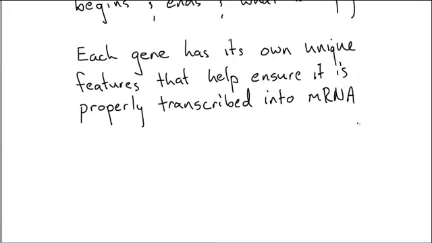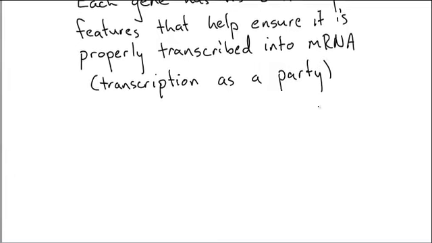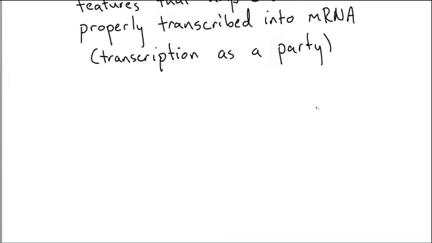Now you kind of have to think about transcription as a party. And for transcription to occur, you have to get people to come to your party, and there's particular people who need to attend if you want a successful party.